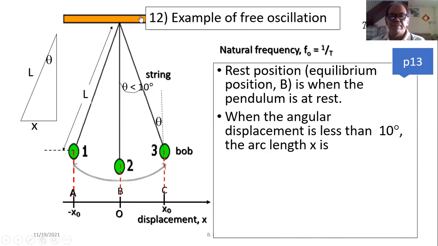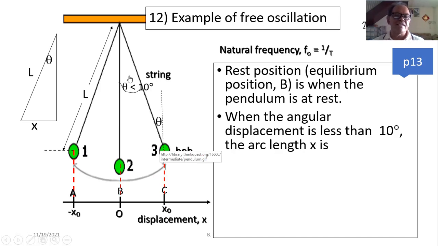And then when we lift it up, or we displace it to an angle of 10 degrees, it will oscillate from 3 to 2, 1, 2, and back to 3, and then carry on oscillating.